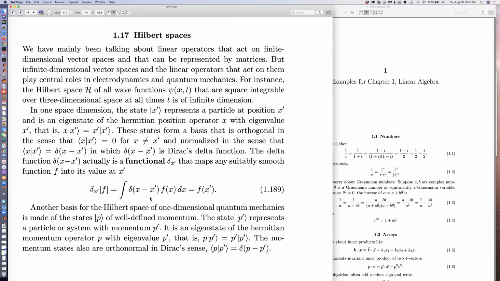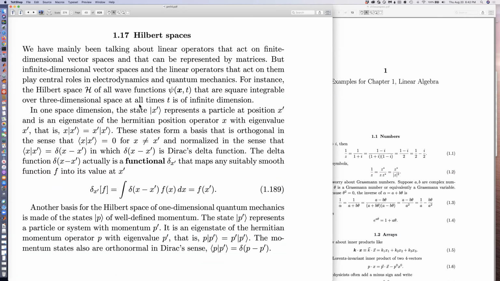We've been mainly talking about linear operators that act on finite dimensional vector spaces, but in real quantum mechanics, we talk in terms of three-dimensional space, three-dimensional momentum space, and so forth. And we also talk about a vector space of functions of position and time, these wave functions, and we normalize them by requiring them to be square integrable over three-dimensional space. But these are spaces of obviously infinite dimension. If we only have one space dimension, it still is an infinite dimensional space.